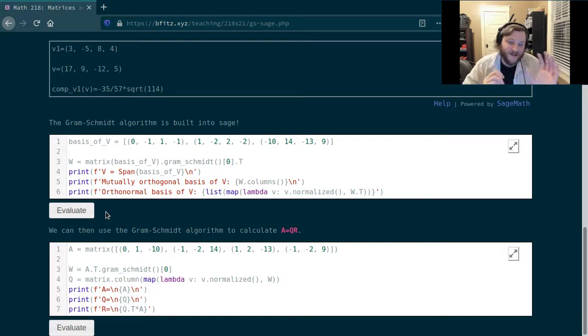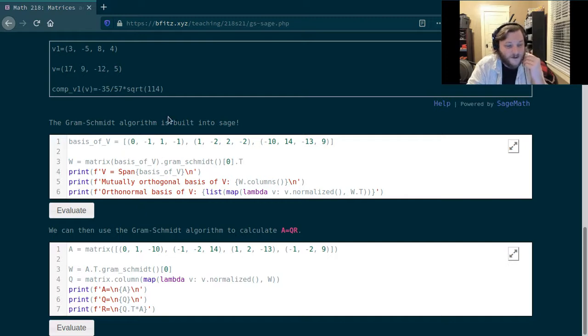The first basis, which we label with W's, is a mutually orthogonal basis for the space. And then the second new basis is labeled by Q's, and that's an orthonormal basis for the space. Applying Gram-Schmidt is a bit tedious, especially if you have a lot of basis vectors, because you have to subtract off all of these vector projections at each stage. And so the numbers here can get a bit ugly. So it's nice that Sage can do this for us.